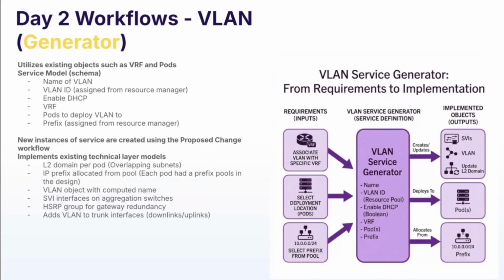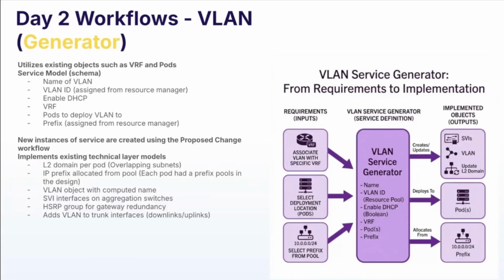So typically you'll follow the same workflow that we recommend: creating a branch, adding the service, which is basically just adding the schema object, the actual instance of it, opening the proposed change, and then it running within the pipeline. So it'll run the generator and then generate the new artifacts for it.